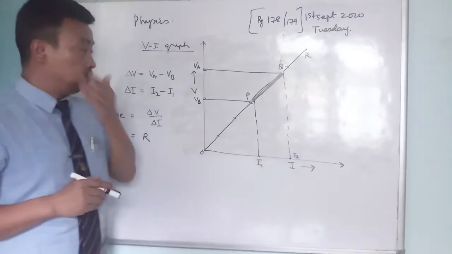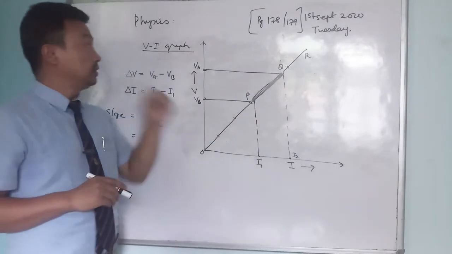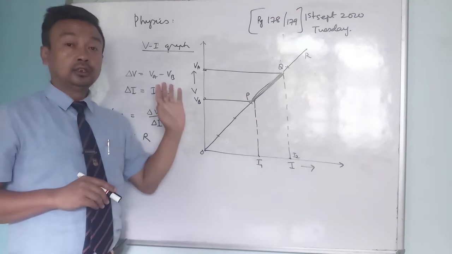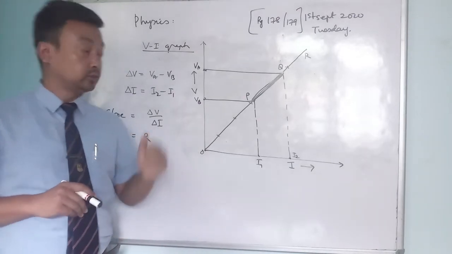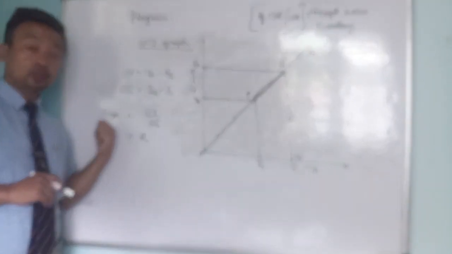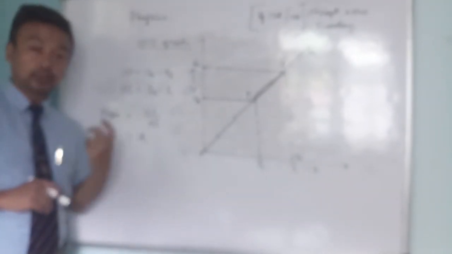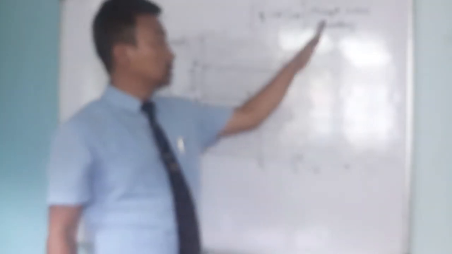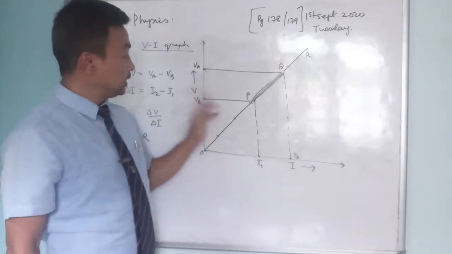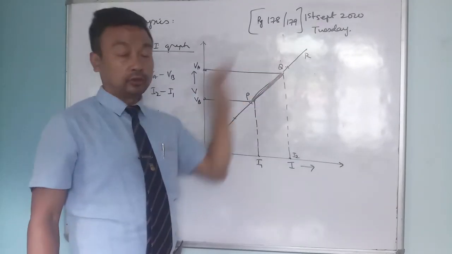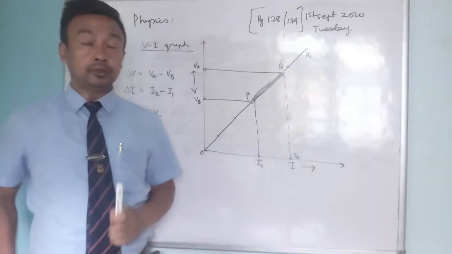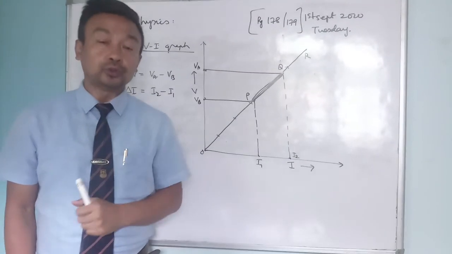So this VI graph is plotted to give the slope, and this slope will give you the resistance of the conductor, which will always be a straight line. That means in the VI graph, if you get a straight line, it is obeying Ohm's law.